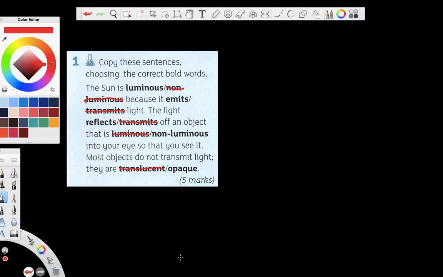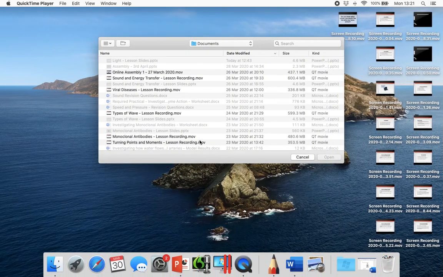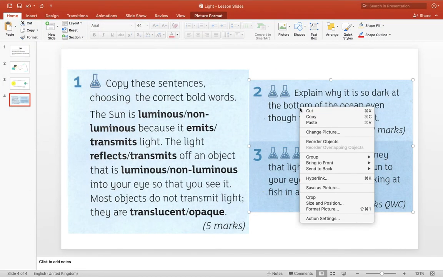So the first question should have read, the sun is luminous because it emits light. The light reflects off an object that is non-luminous into your eye so that you can see it. Most objects do not transmit light. They are opaque.